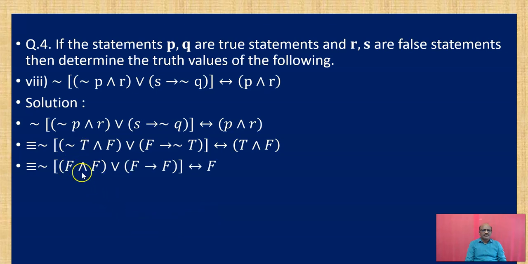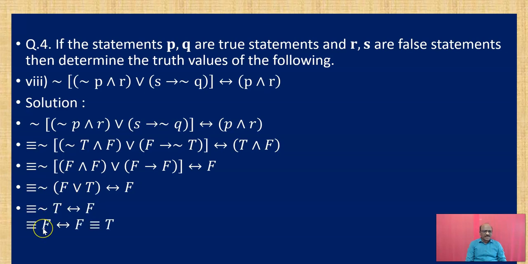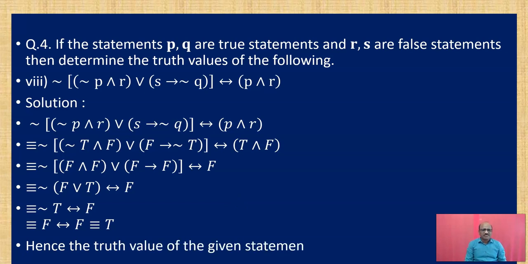Negation of T is F, F and F is F, or F implies negation of T. Negation of T is F. F and F is F. F implies F is T. Therefore, F or T implies F. F or T is T. Negation of T is F. F double implication F is true. And hence the truth value of the given statement is true.